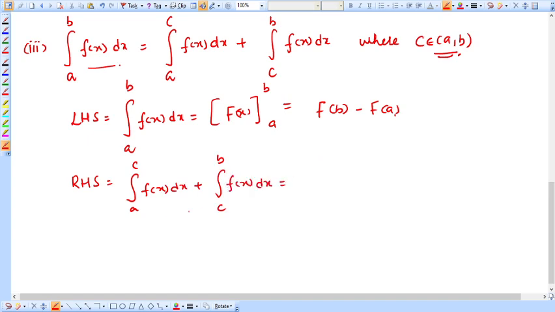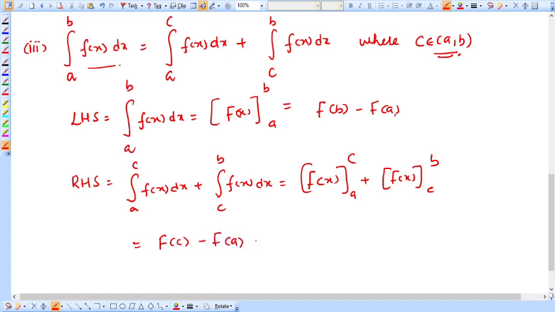After integration you get F of x, with limits a to c, plus F of x with limits c to b. Then after you put the limits in this, you get F of c minus F of a plus F of b minus F of c.